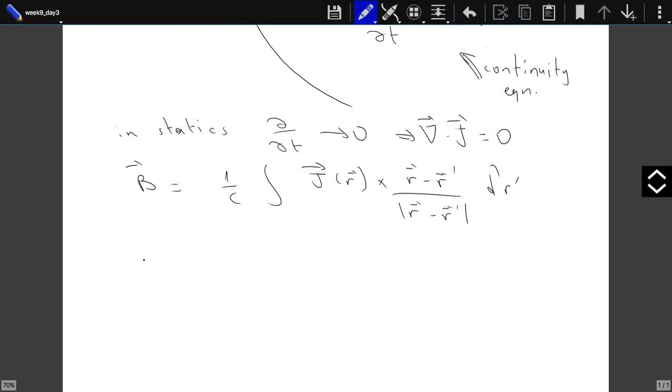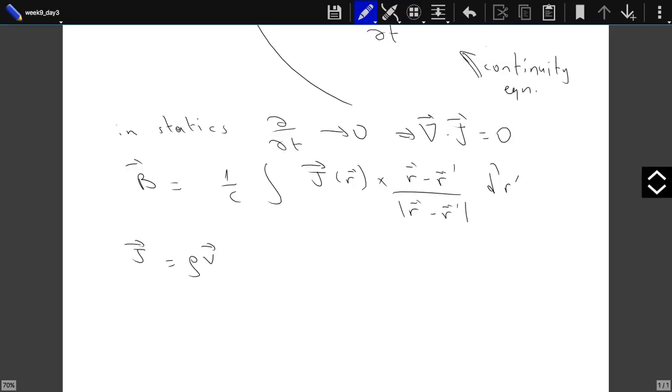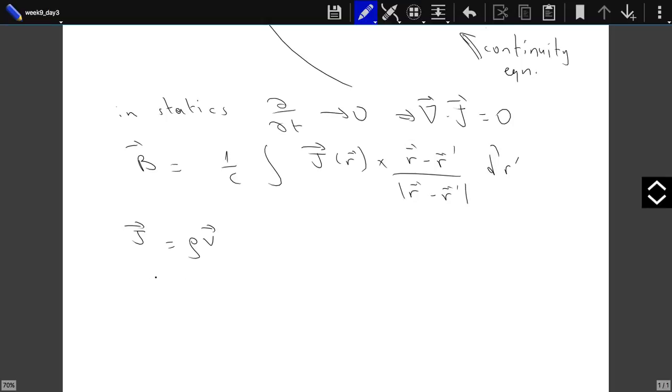And finally, we said that J is nothing but, at a given point, we can always write it in this form. And for a point charge, rho is nothing but Q located at the position of my charge.